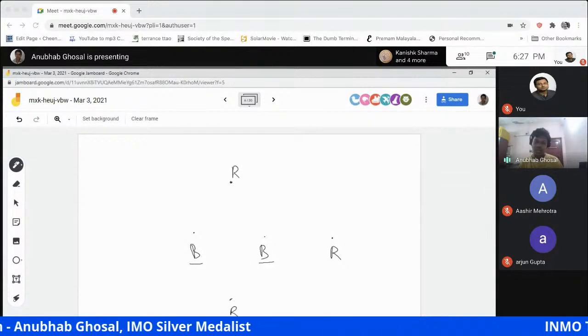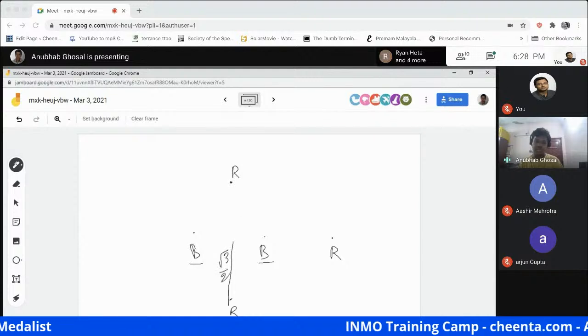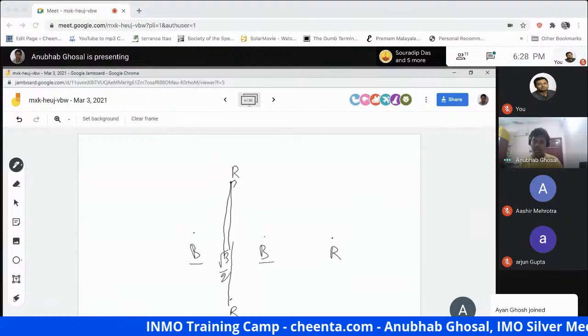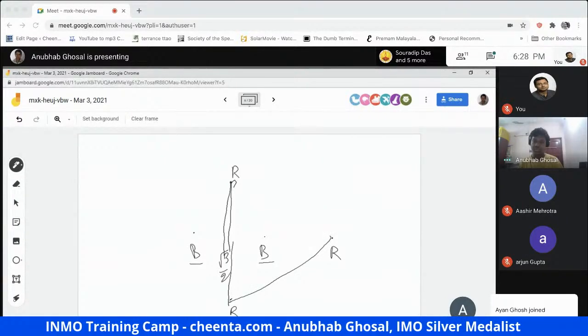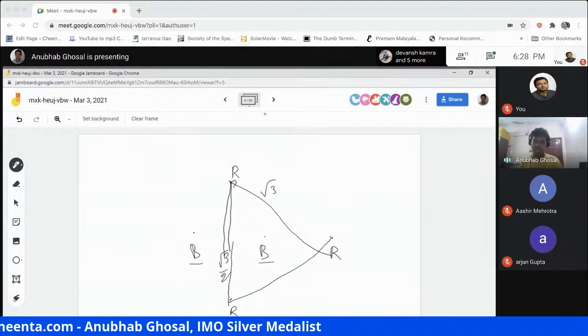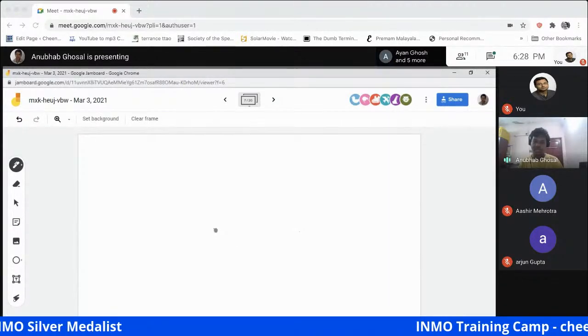And this also has to be red. And now you can check that this has side length √3/2. So this whole side length is √3. This red to red is √3, and this is √3. All right. So then we are done. Otherwise, we have found that any 2 points which are distance 2 apart have the same color.